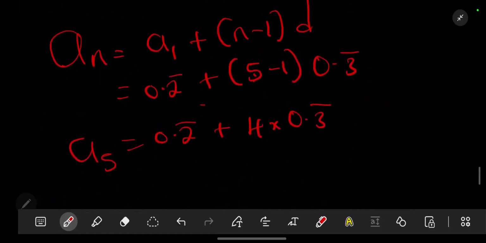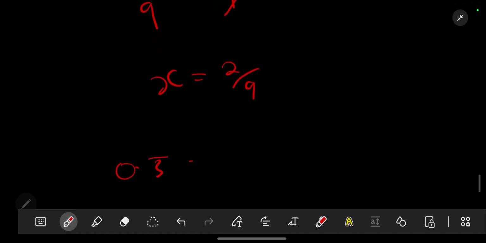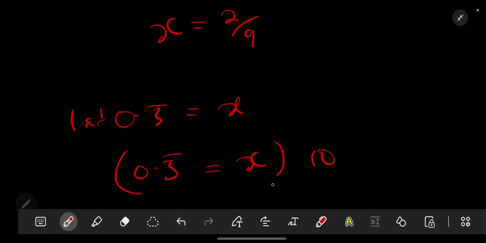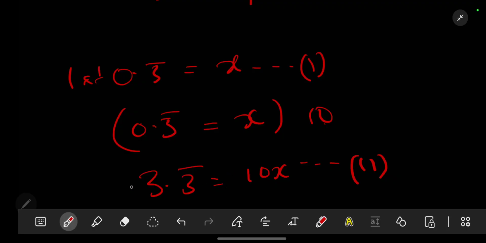Then find the value for 0.3 bar. So 0.3 bar is equal to x. You multiply by 10, and 10 times this gives 3.3 bar equal to 10x. So this is our equation 2, and this is our equation 1.